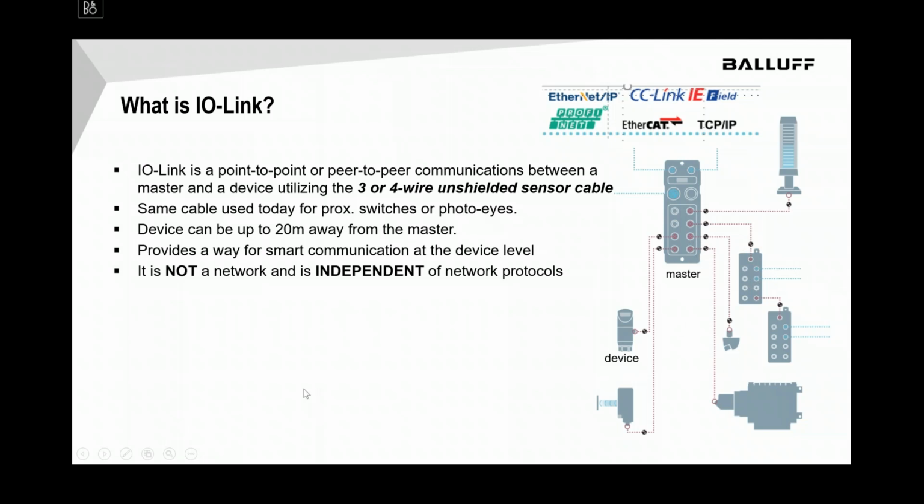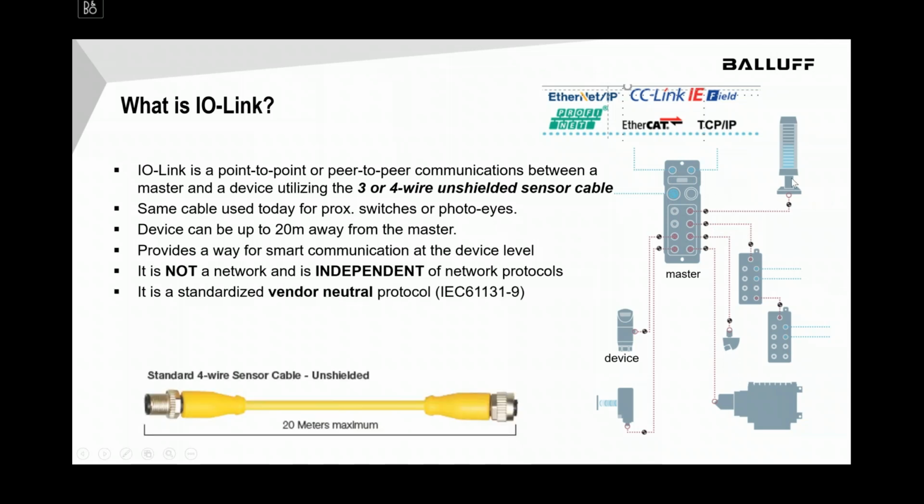And then that device level communication is completely transparent from the field level communication. It is definitely not a network. That means you can't daisy chain devices just like you can daisy chain the network drops.